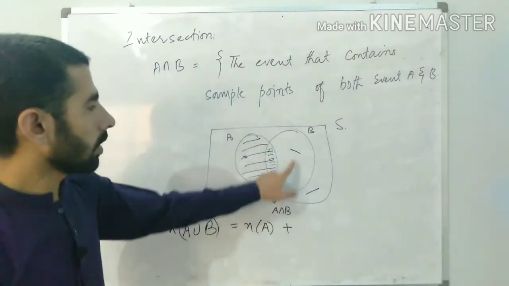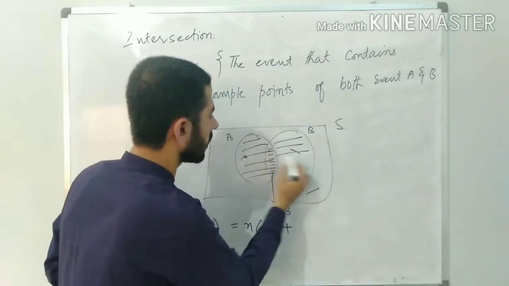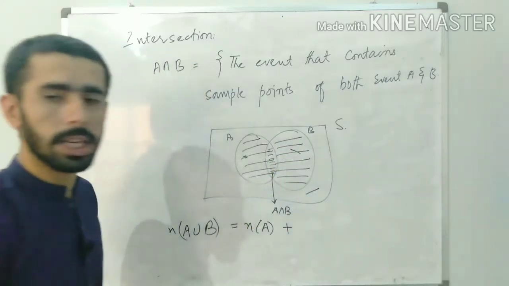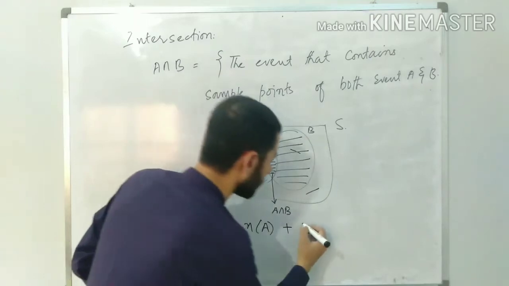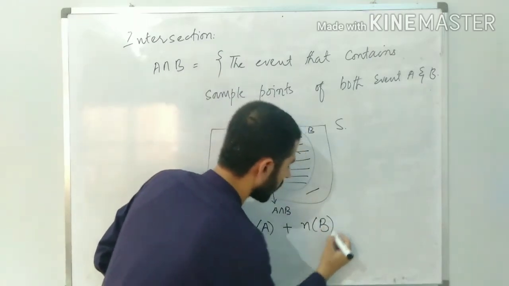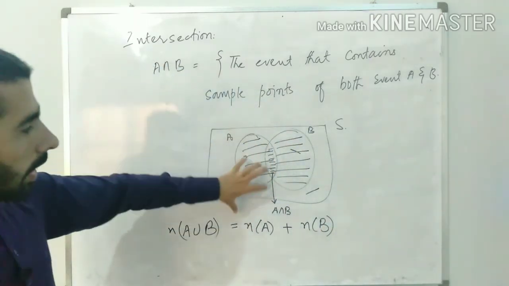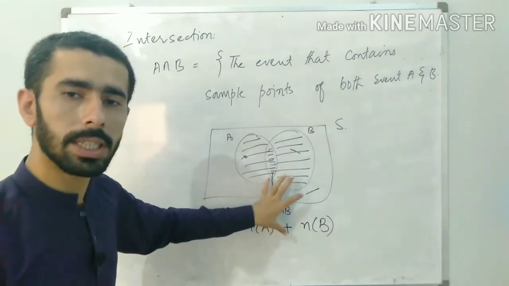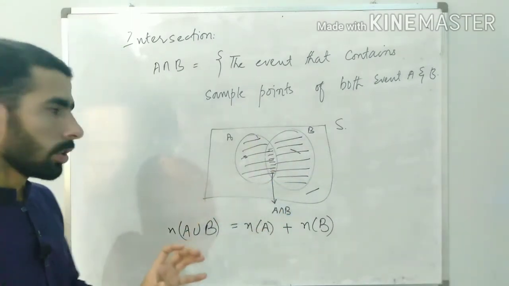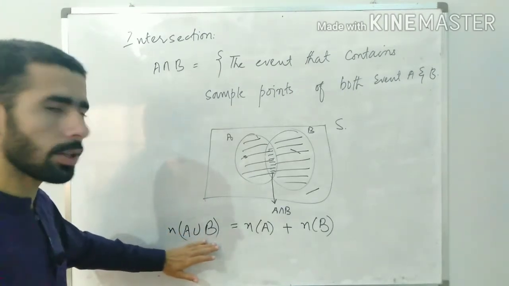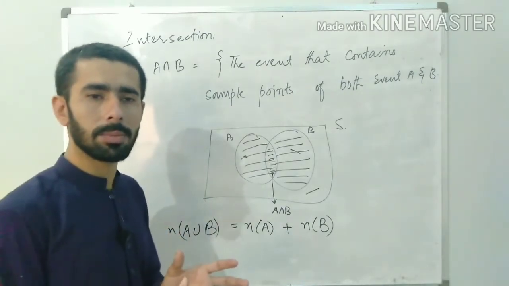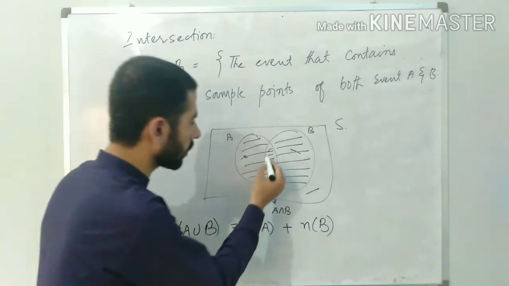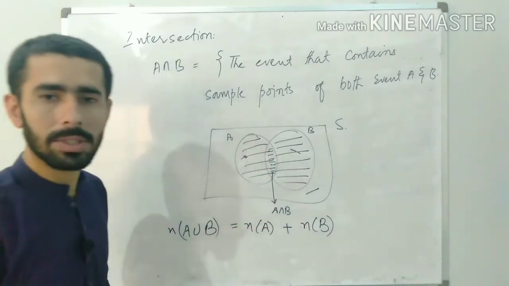Similarly, take all the elements in set B or event B. Once you took all the elements in event A and all the elements in event B for A union B, you did something wrong: you counted this part two times.